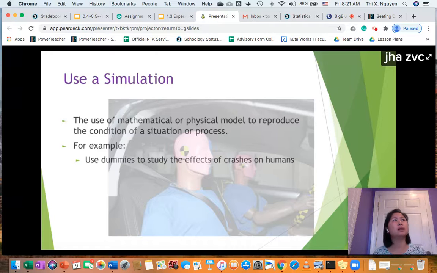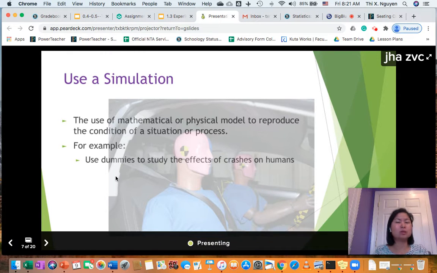So think about, you want to test out the building, right? You don't want to actually build the entire building and then smash it. But we can make a model to test. So those are the things where we have to use a model or mathematics to figure out the probability of this going to be successful, okay? So simulation is when you cannot do it yourself. You don't want to put yourself in that situation.